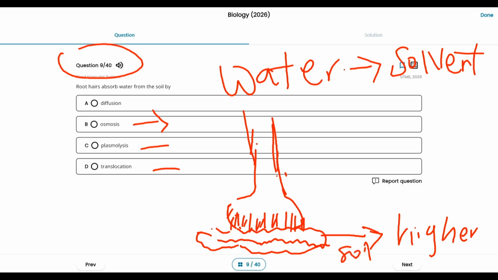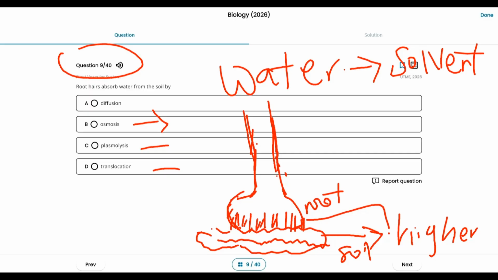It moves to a region of lower water potential, which is the root, through a selectively permeable membrane. There is a membrane, kind of a medium for movement. You understand? So, water moves from a dilute solution to a more concentrated solution through a selectively permeable membrane.